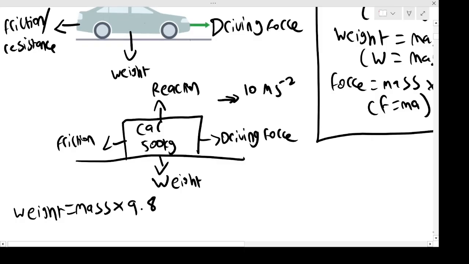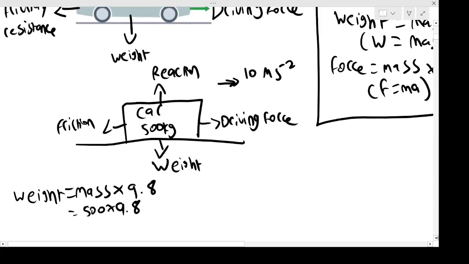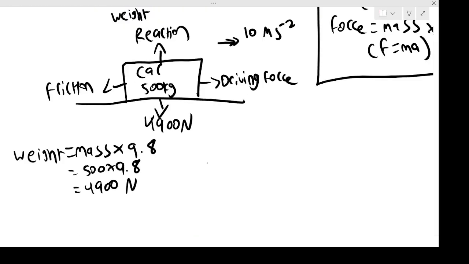So the weight is 500 times 9.8, and if we work that out, 4,900, in newtons because it's a force. So the weight is 4,900. Weight is mass times 9.8.